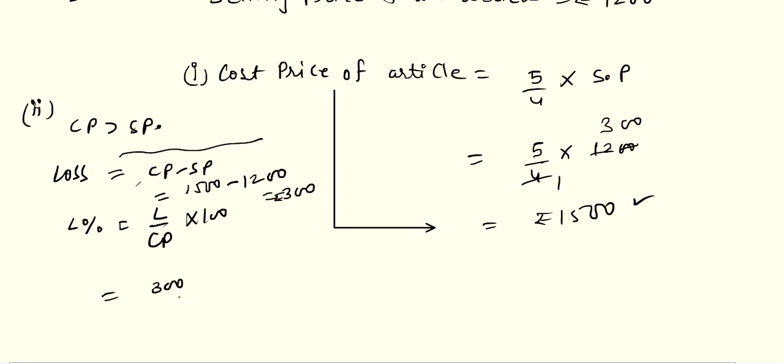So loss is rupee 300, CP is 1200, into 100. The zeros get cancelled. Then 12 into 2 is 24, 6 remaining becomes 60, and 12 into 5 is 60. So 25% is loss. Okay, so exercise 9A you can solve.